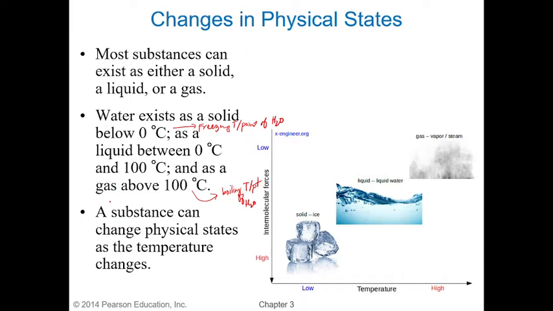So a substance can change physical state as the temperature changes. In the case of water, if the temperature is very low, that's your ice. At normal room temperature, your water exists as a liquid, and at a very high temperature, it will become vapor or steam.